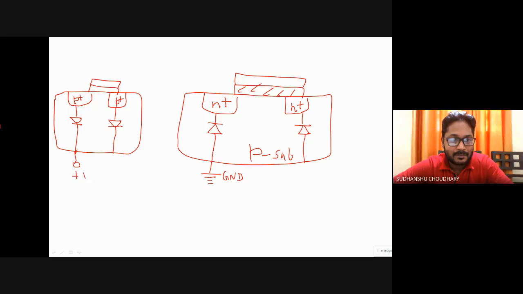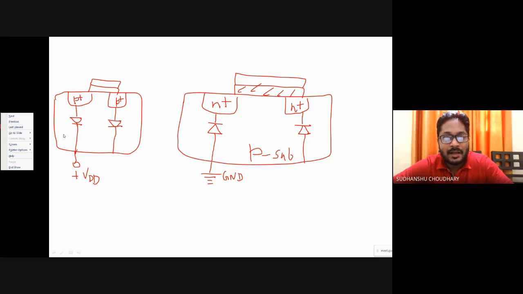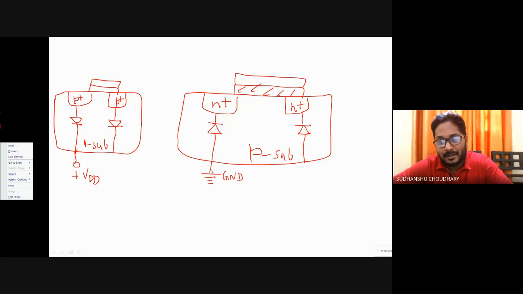Plus VDD. In PMOS, you have an N substrate here, right? So in PMOS, you connect the body to plus VDD, and in NMOS, you connect it to ground. In fact, if you don't connect this, you will see an effect called the body effect, where the threshold voltage of this device can vary.